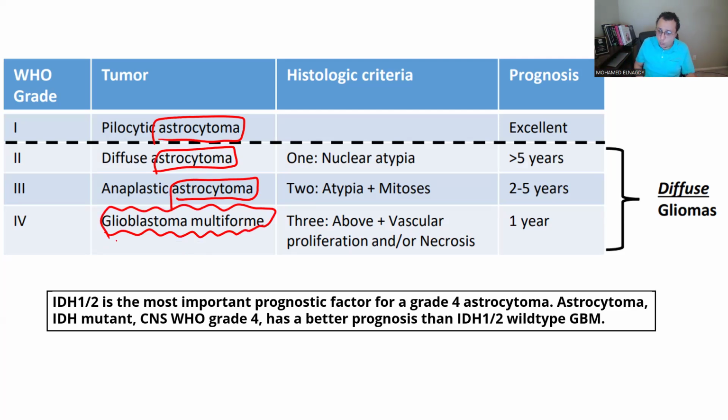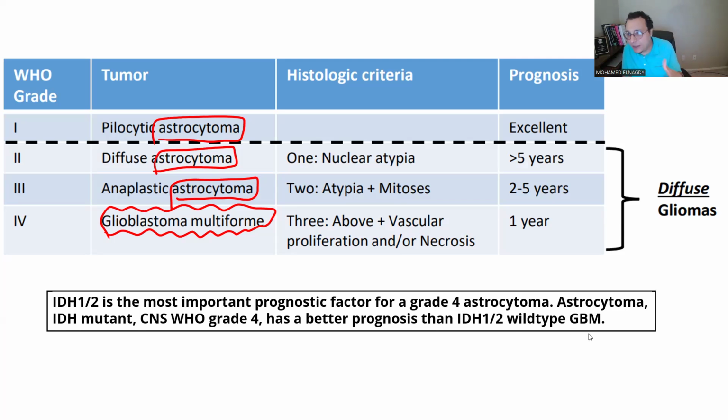Astrocytoma, as we mentioned, is an IDH mutant tumor, and glioblastoma multiforme is IDH wild type. That's why IDH is the most important prognostic factor for grade 4 astrocytoma. If it's IDH mutant, that's a grade 4 high grade diffuse astrocytoma, which is way better in prognosis than being IDH wild type, because that makes it a grade 4 GBM, glioblastoma.